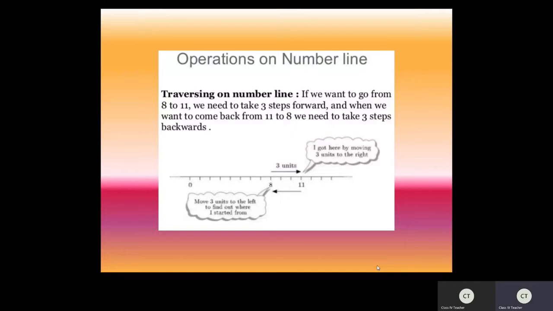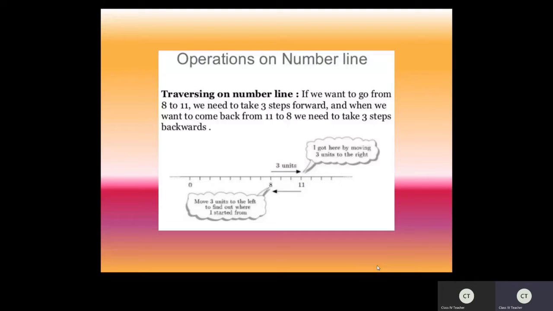Yes or no? So we are going near to the 0. Now the same way, let us do the backward counting. Mark it from 11. So 11 to 10, one step. 10 to 9, second step. 9 to 8, third step. So how many steps have we crossed to reach our destination 8? 3 steps. Yes, this is called subtraction.